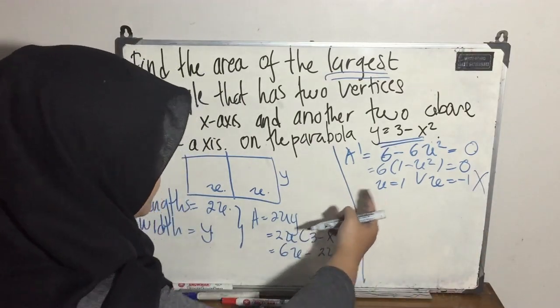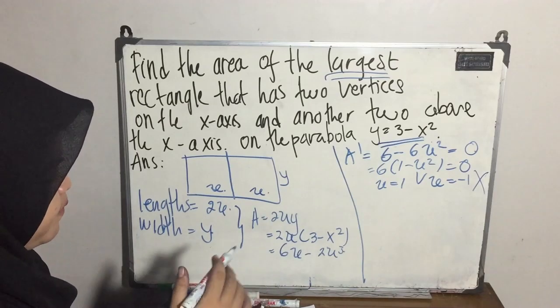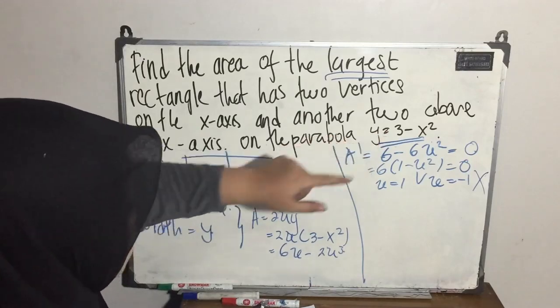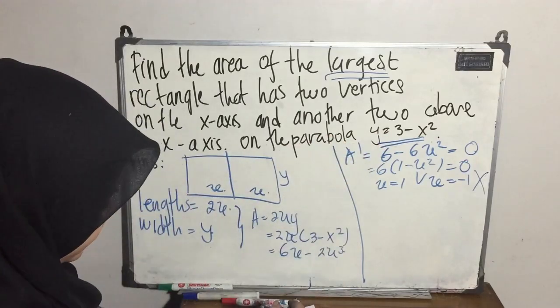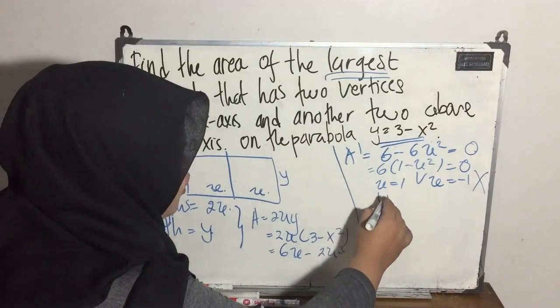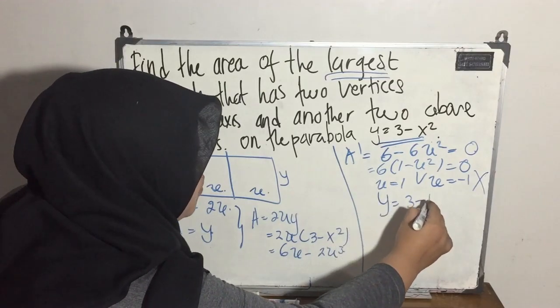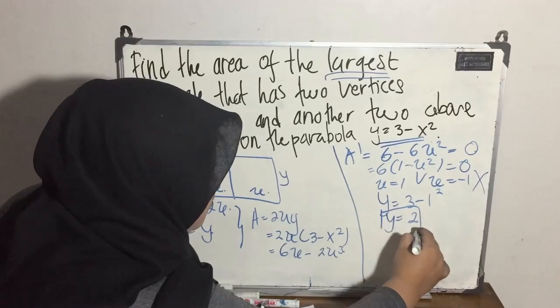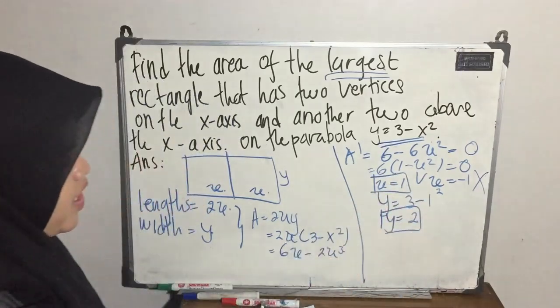From here we get x equals 1, so you can substitute to get y. So y equals 3 minus 1 squared, so it should be 2. So we get y equals 2 and x equals 1.